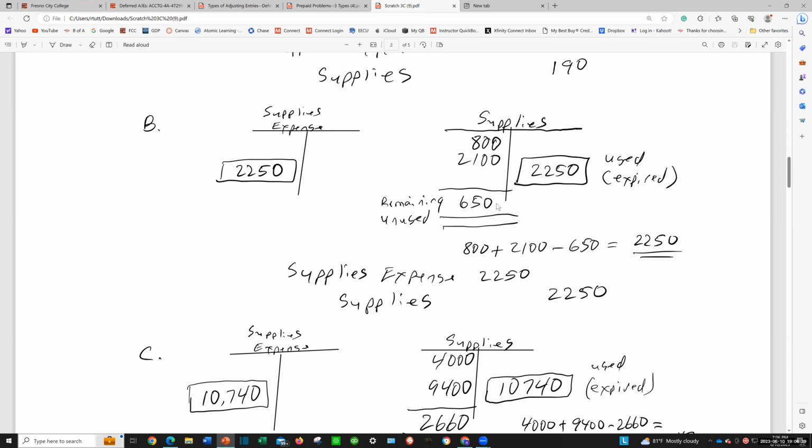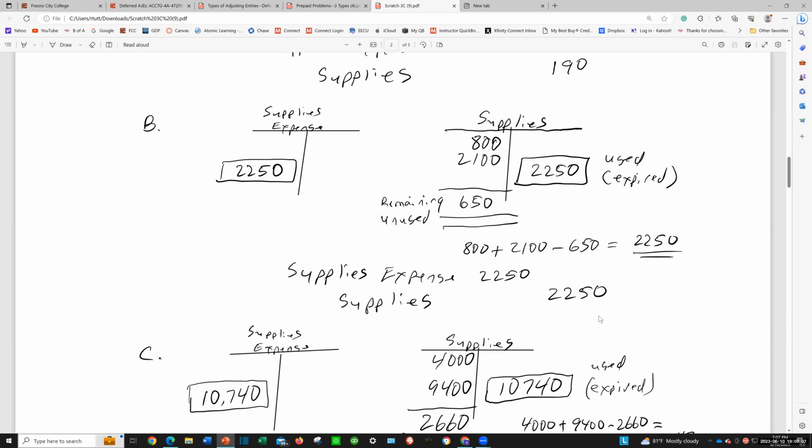I should come up with 650. Cool, and I did. So that's the amount used, and we've got our supplies expense of 2,250. We'll put it in. Debit supplies expense, 2,250. We also have the credit to supplies of 2,250. There's our adjusting journal entry.